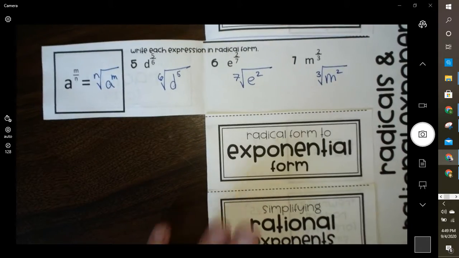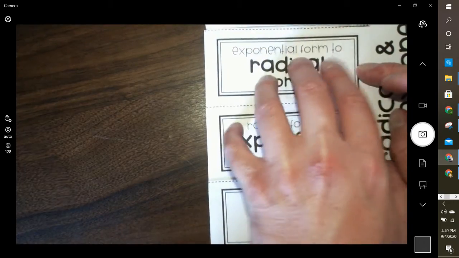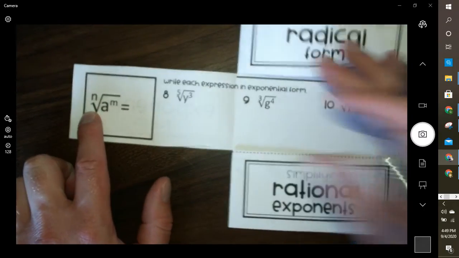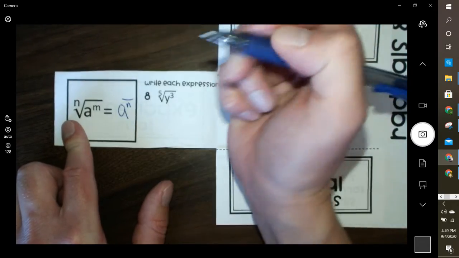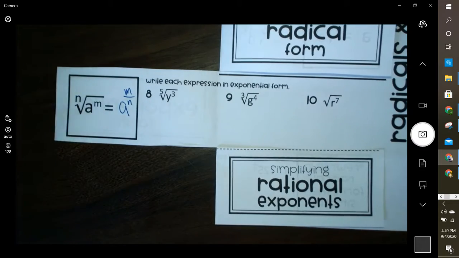Okay, check that out. Let's get into the next one. And like I said, this is going to be very similar as before. Now we're going to be moving that index into the denominator of the rational exponent, and boom, there we go.